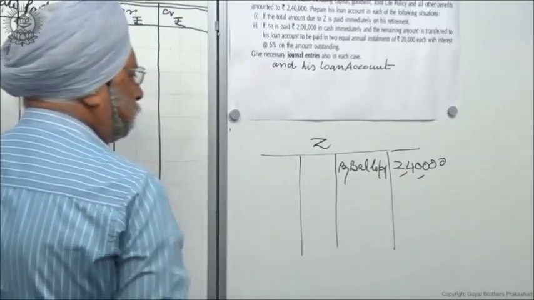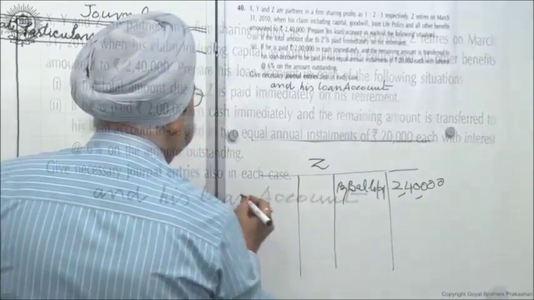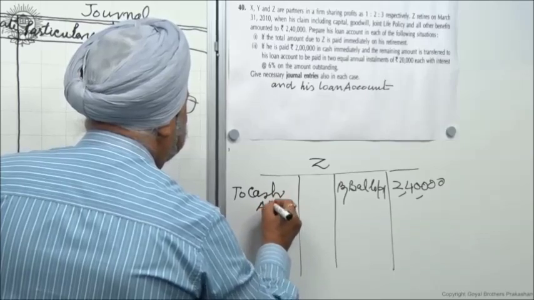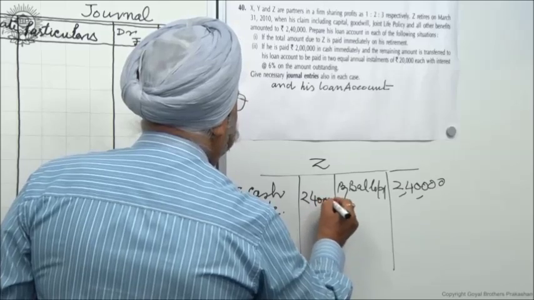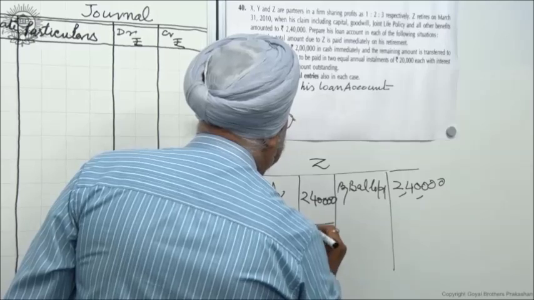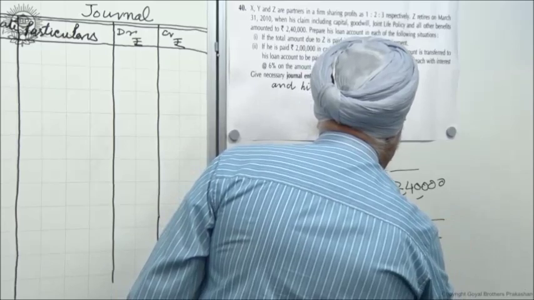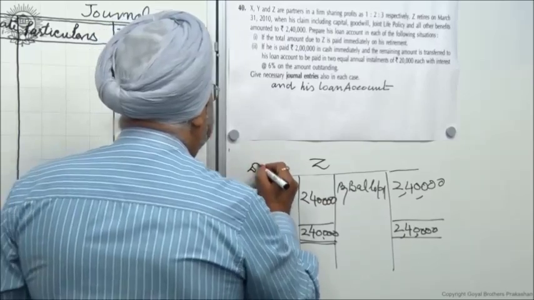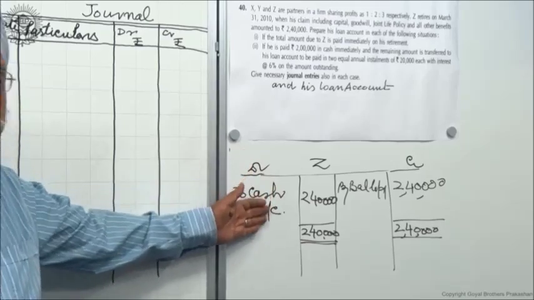If the total amount due to him is immediately paid in cash, it goes right here to cash account, and we pay him 2,40,000. This will close his account, 2,40,000 here and also 2,40,000 here. His account stands closed. This is Z's capital account.